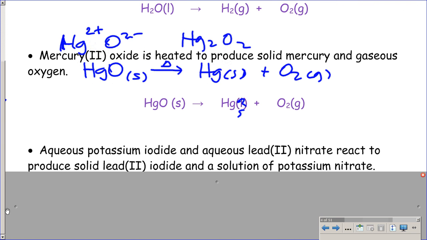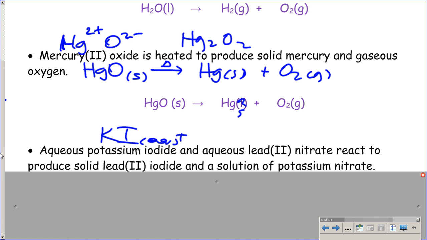Aqueous potassium iodide and aqueous lead 2 nitrate react. Erin, give me what you got here. Give me the reactants. Potassium iodide, aqueous, and Alexis, help him.